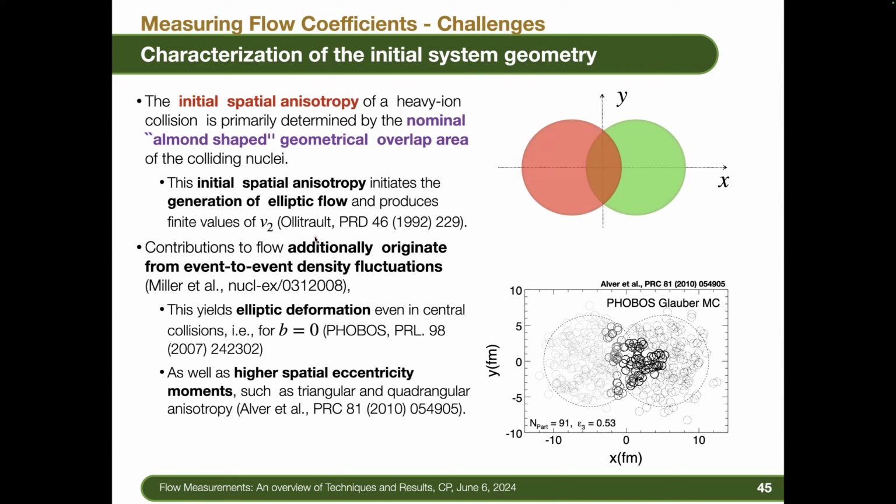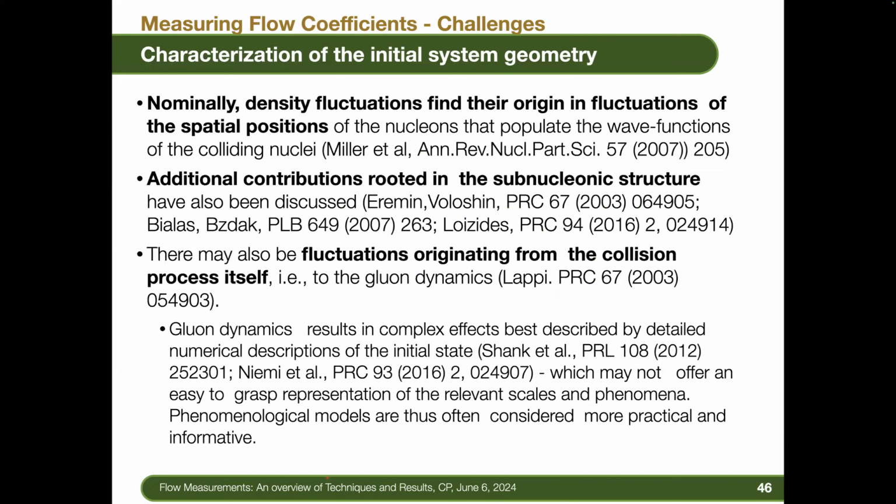There were papers already dating to 92 on how to calculate such things. Then there were papers that realized that when you take into account the fact that we're dealing with nucleons or partons, the story is not as simple. So the notion of eccentricity is actually a little bit more complicated. I would recommend reading these papers for that purpose.